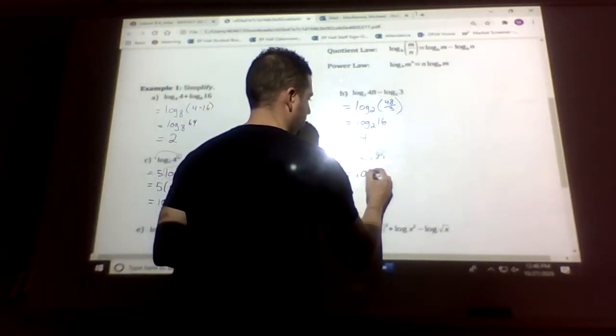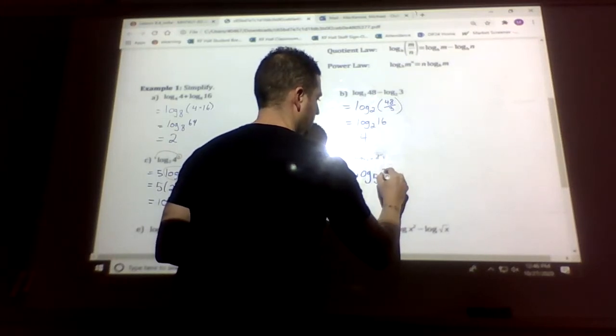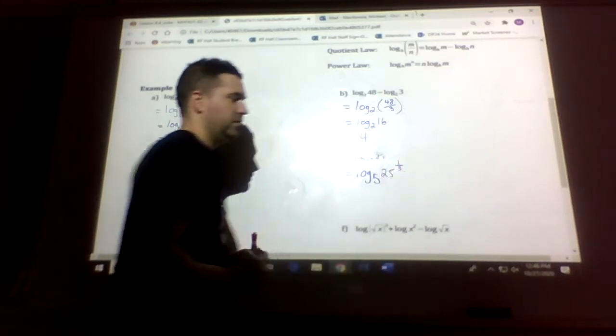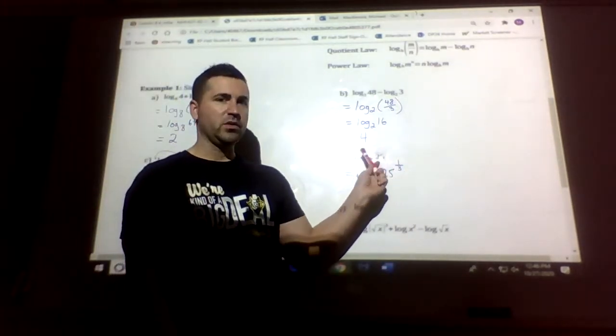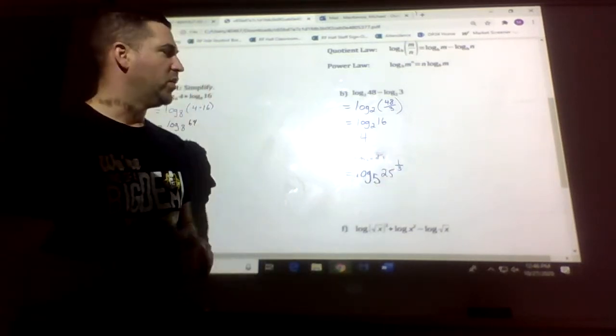So we're just going to switch it. So log base 5 of 25, and now we're going to put the root as a fraction. This root of 3, or the cubic root, becomes 1 over 3 in the exponent.